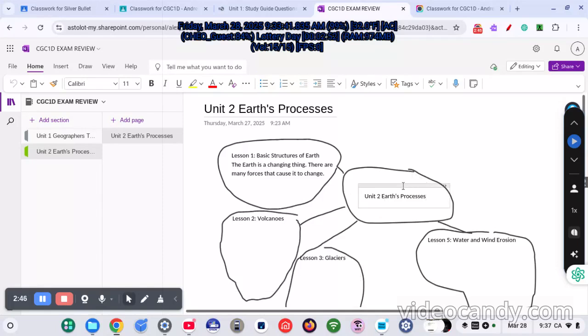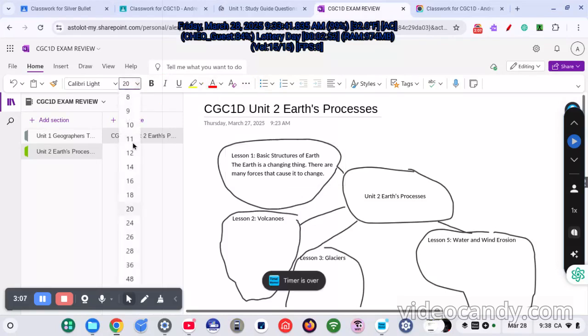So yesterday, if you remember what I did, I took our title for our unit, Earth's processes. Maybe I'll make it a little bit bigger. I'm just kind of messing around with things, trying to get it the way that I want. And you can always change it. Just because I'm doing it one way doesn't mean you have to do it this way. I'm just trying to give you some suggestions.